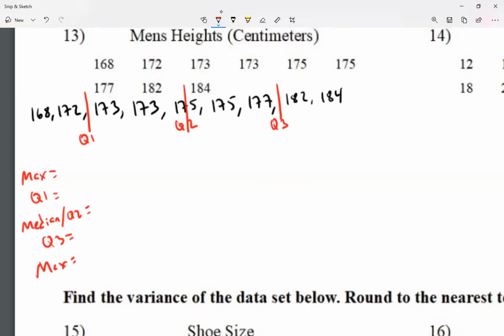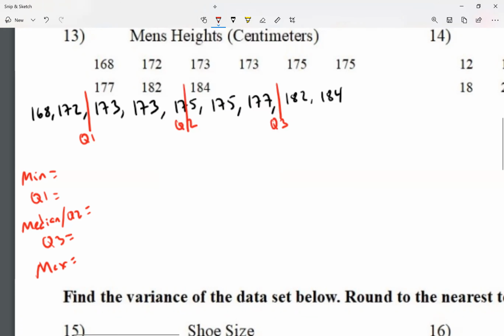Oops. Okay, let me erase down here. It's not maximum, it's minimum. The first number is the minimum. So minimum, first quartile, my median, or quarter 2, like people call it, my third quartile, quarter 3, or my maximum. My minimum is my smallest number.